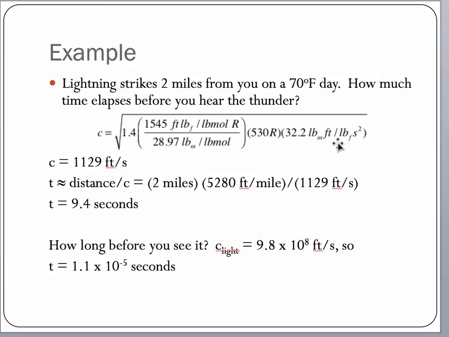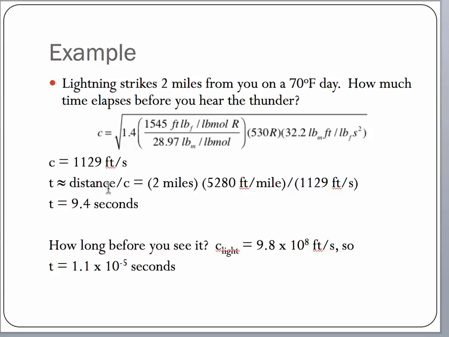Then I need to convert my units. This is G sub C, the conversion factor to get from pounds force to pounds mass. If I do that, I'm left with just the units of feet squared per second squared. When I take the square root, that'll be feet per second. So I end up with 1,129 feet per second.